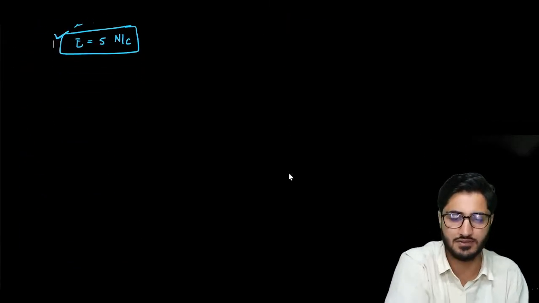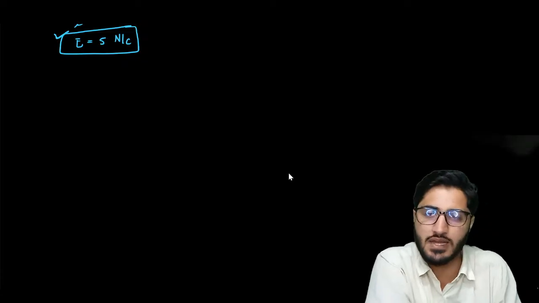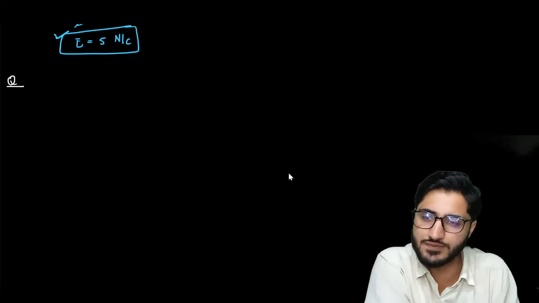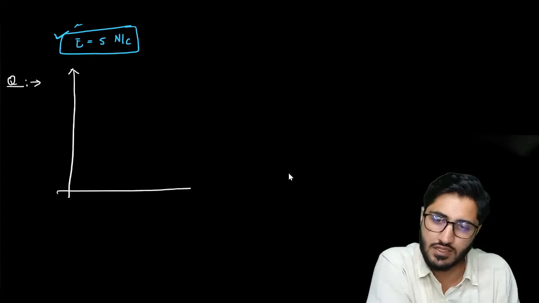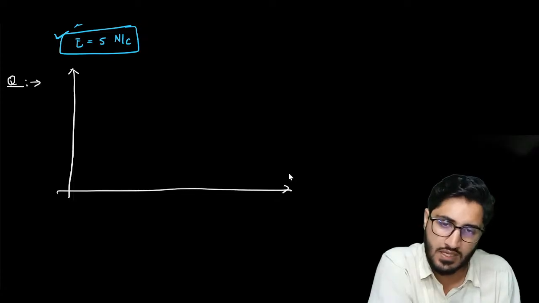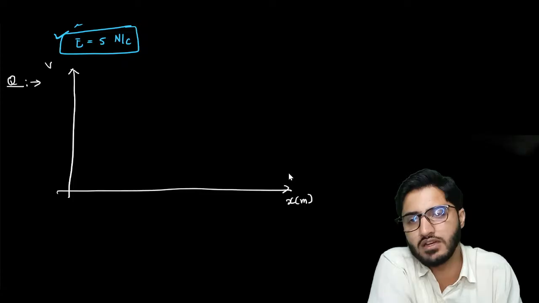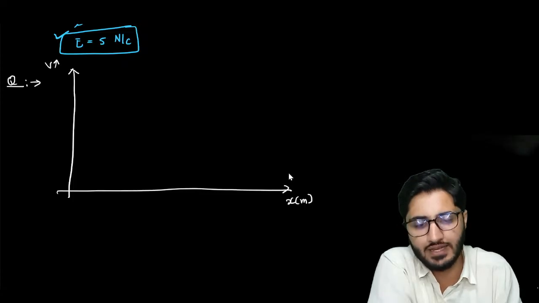Okay, next numerical. Next numerical on the graphs, right? It will look like this now. X in meters, V in volts this side. So we have a graph.